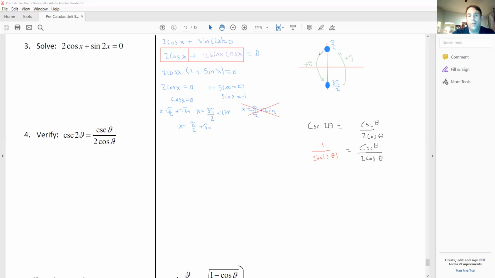And now from there, sine 2 theta, that's going to be the same thing as 1 over 2 sine theta cosine theta. I'm going to do my double angle formula.